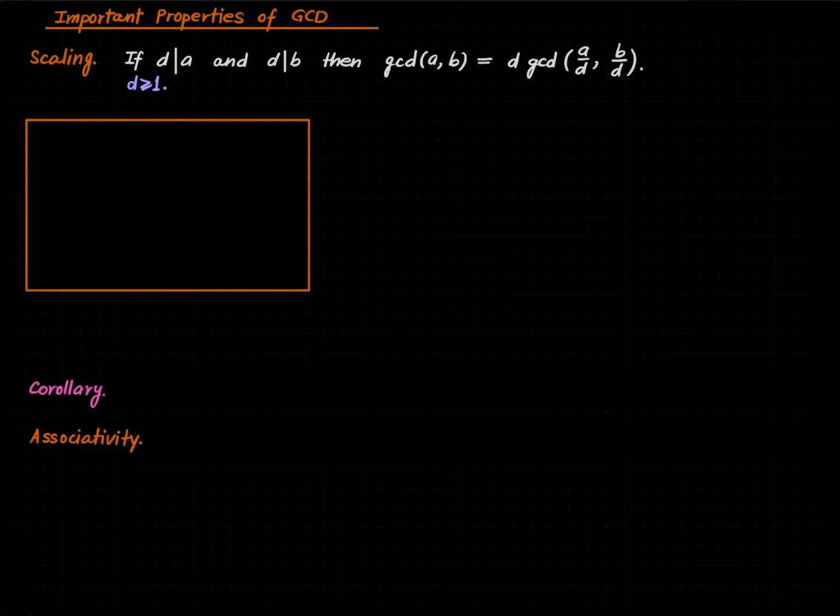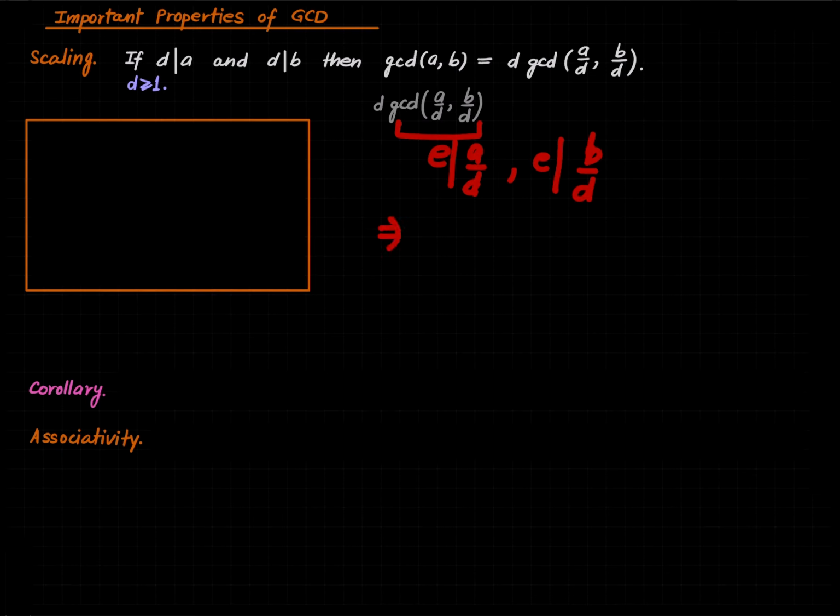So let's see. First thing I want to say is that d times GCD of a/d and b/d is a common divisor of a and b. The reason is, whatever be the GCD of a/d and b/d, call it e. e divides a/d and e divides b/d.